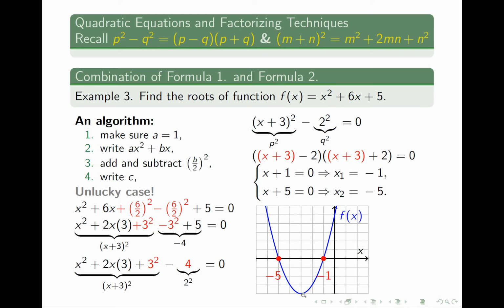And it has a vertex with coordinates minus 4 and minus 4. Oh, sorry. The vertex has coordinates of minus 3, counting 1, 2, 3, and minus 4, counting 1, 2, 3, 4.